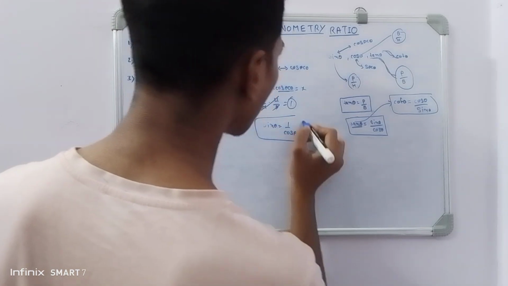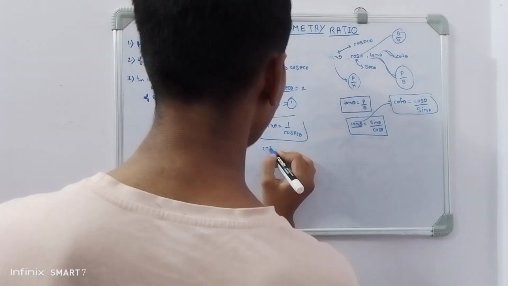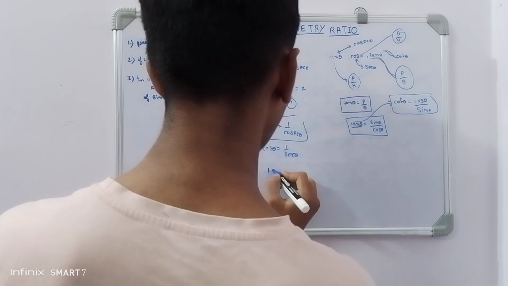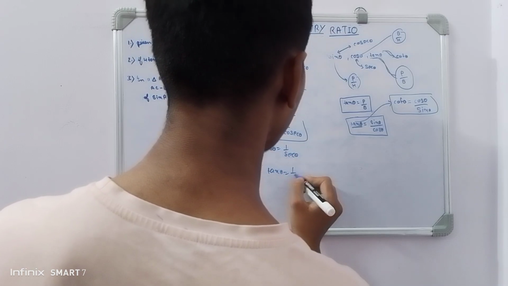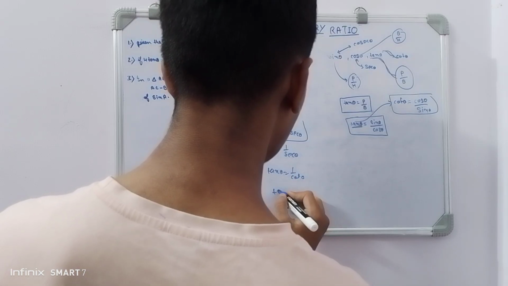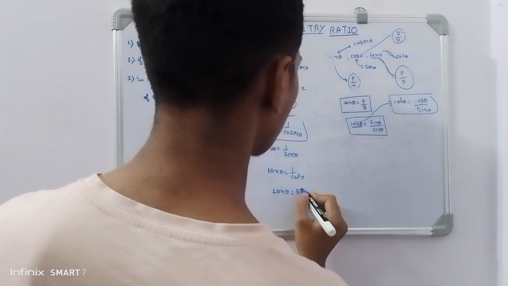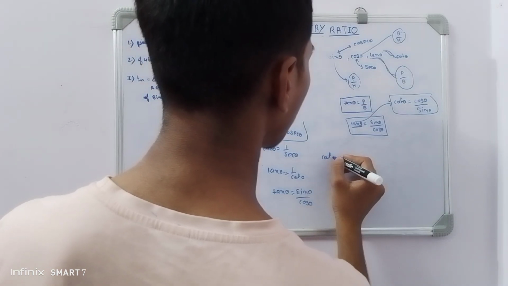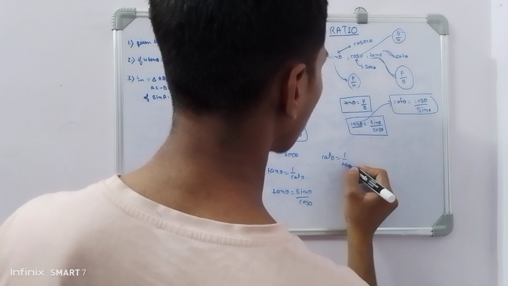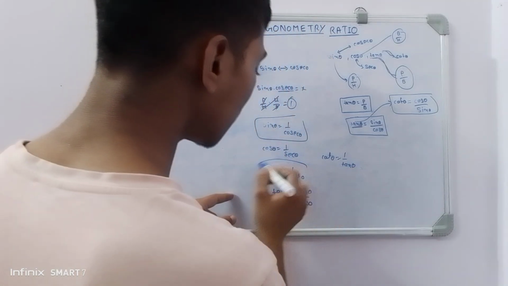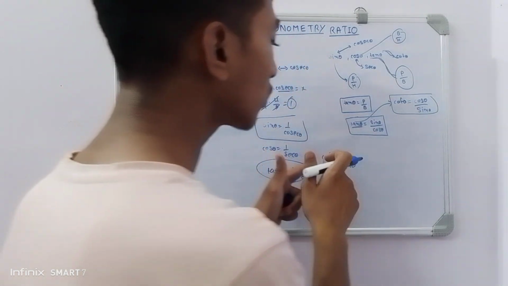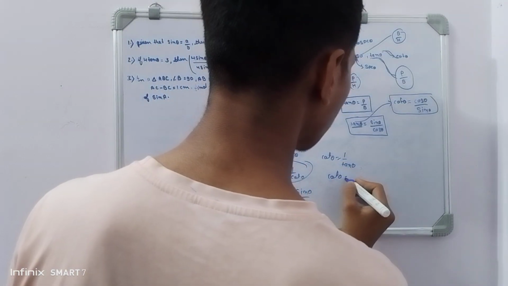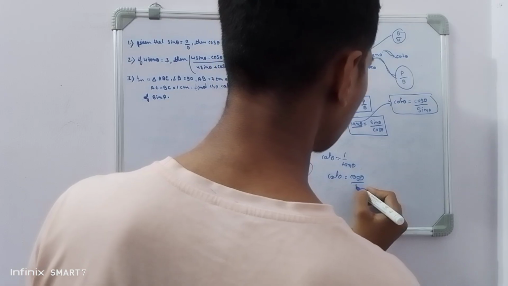because this is the reciprocal, and like this cos theta can be written as 1 by sec theta, and tan theta can be written as 1 by cot theta, and tan theta can also be written as sin theta by cos theta, and again cot theta can be written as 1 by tan theta, because if tan theta is reciprocal to cot theta, then cot theta is reciprocal to tan theta, and cot theta can also be written as cos theta by sin theta.